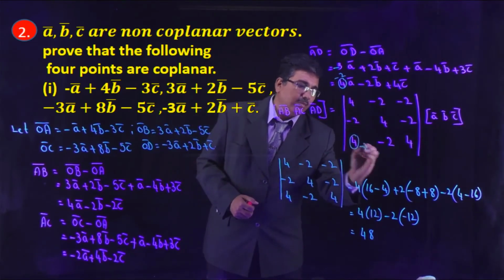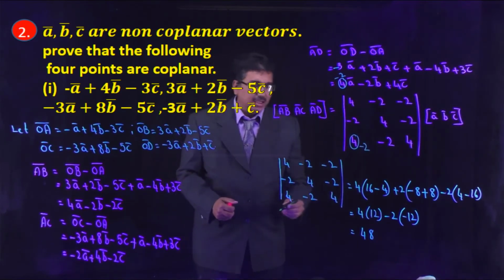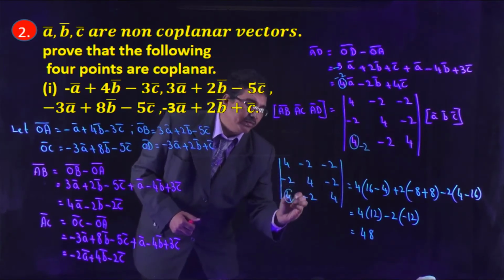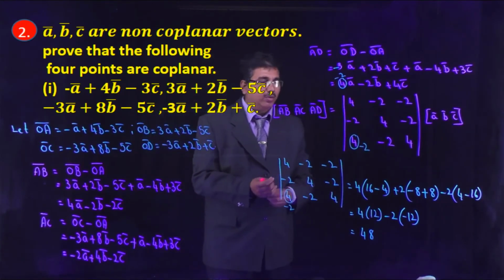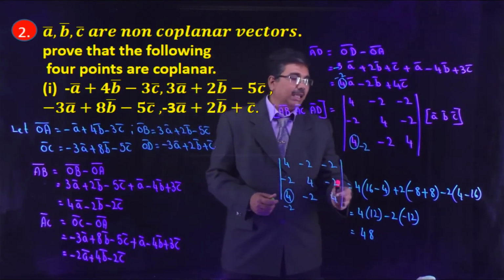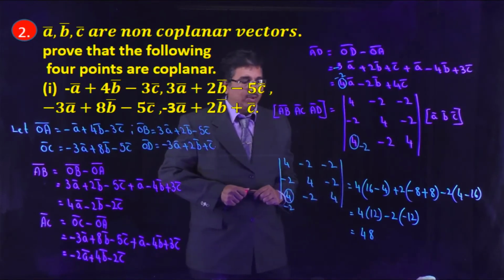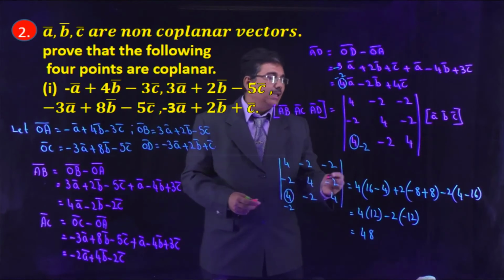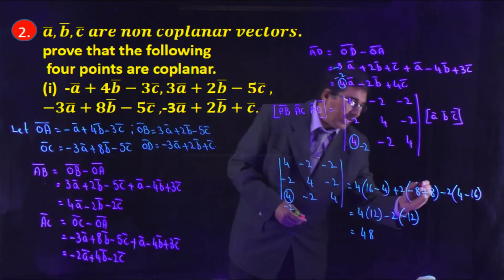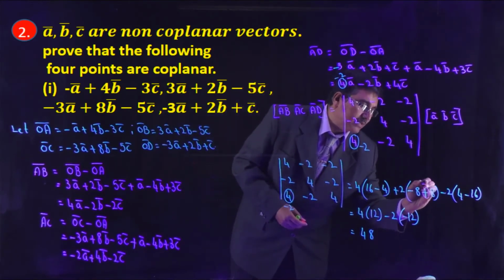Now 4 times 16 minus 4 plus 2 times minus 2 into 4 minus 8, this is minus 4.